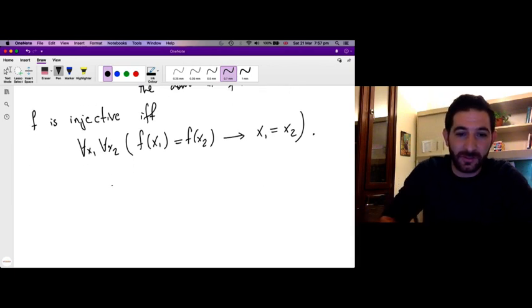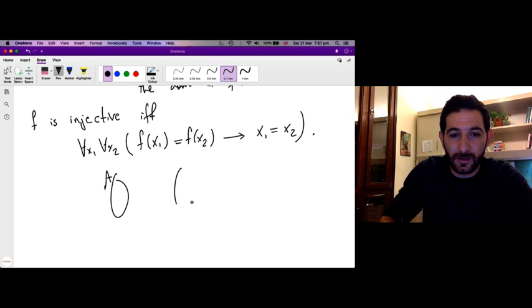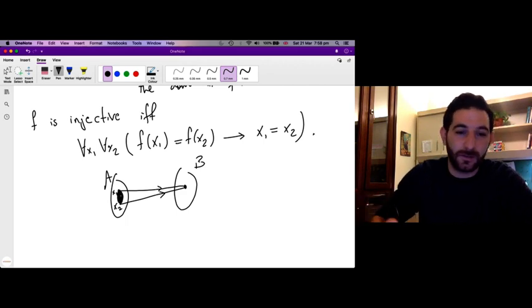Okay, so this means that this is A and this is B, and suppose you have two elements x1, x2, and they happen to have the same image, then actually these two elements must be the same element, must be equal to each other.